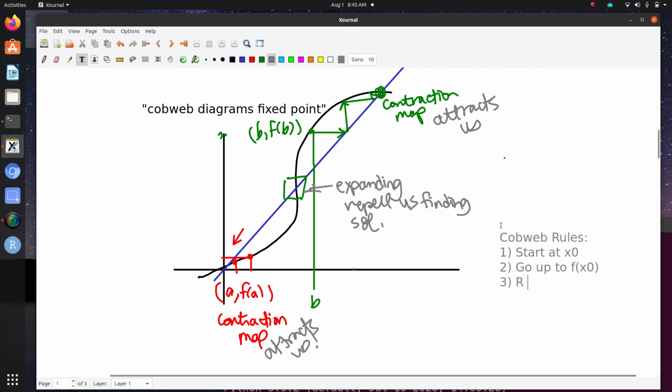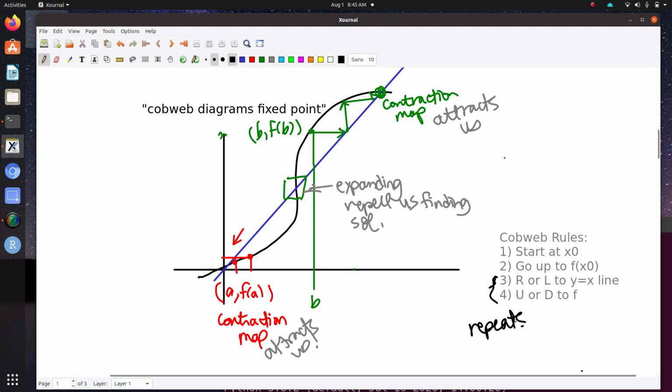Go right or left to the y equals x line, and then you're going to go up or down to f. And then you're just going to keep repeating this over and over. This part repeats. Okay? So 3 and 4 repeats until you get to your root.